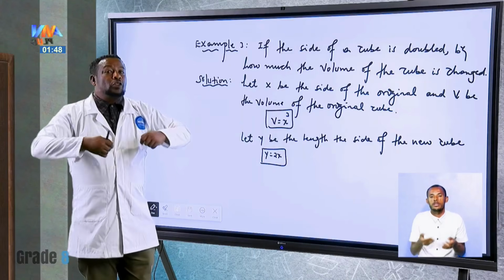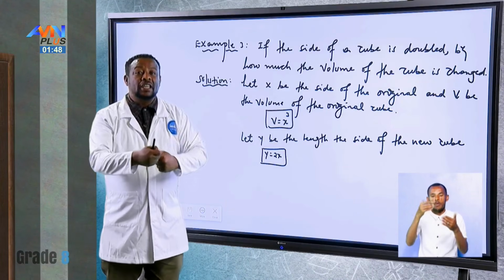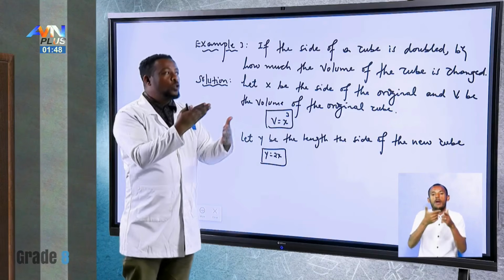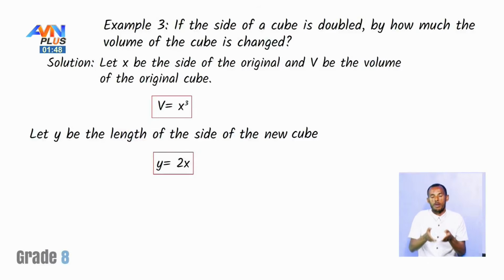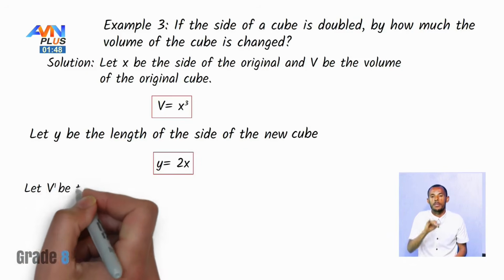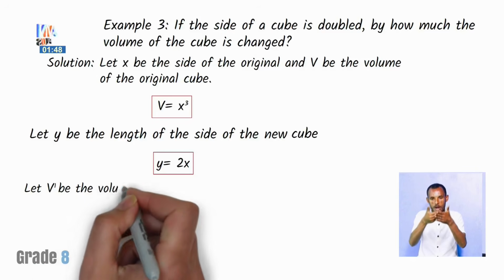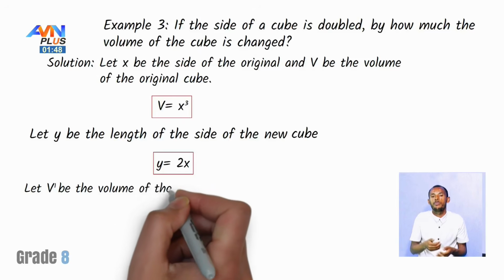Now we need to represent the volume of the newly obtained cube by another variable. Capital V is the volume of the original cube, so let V prime be the volume of the new cube.